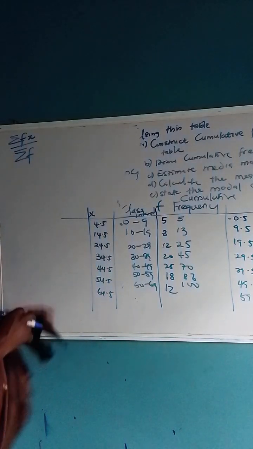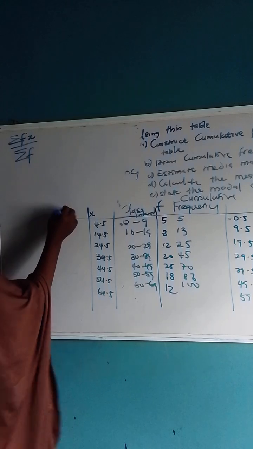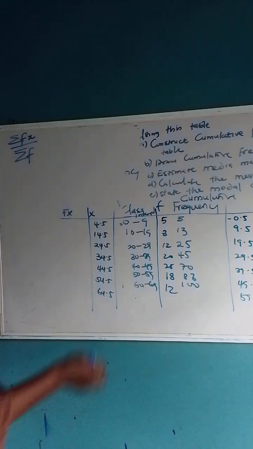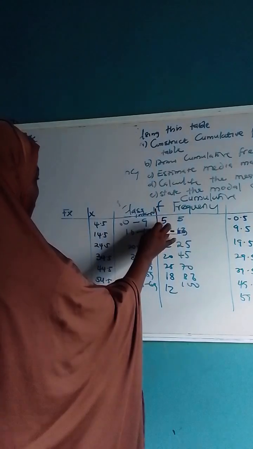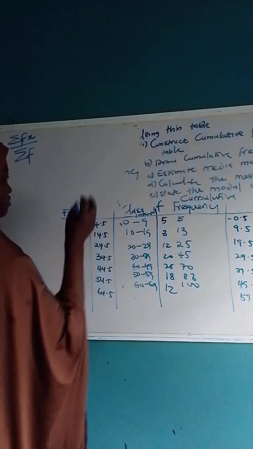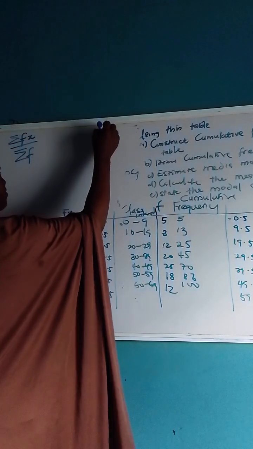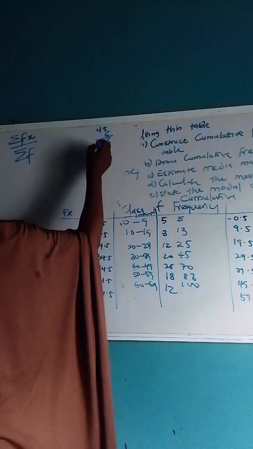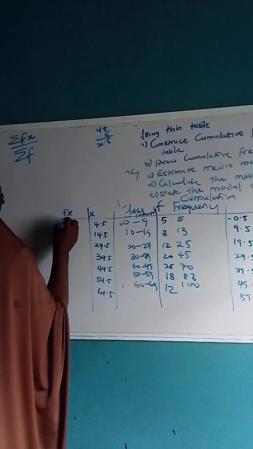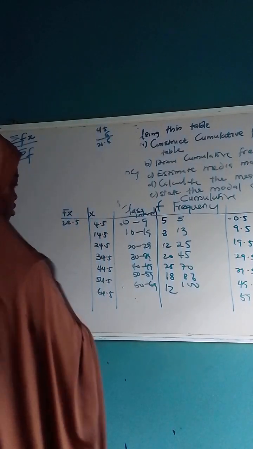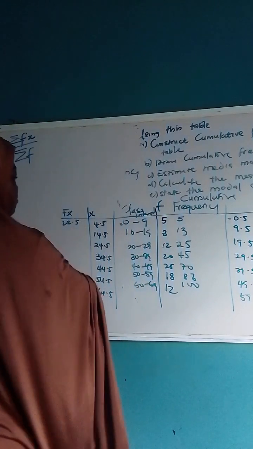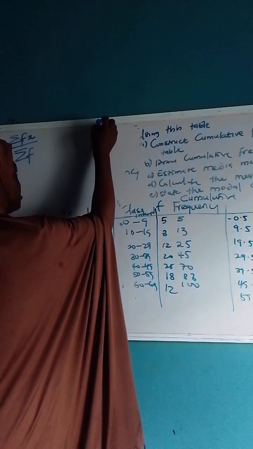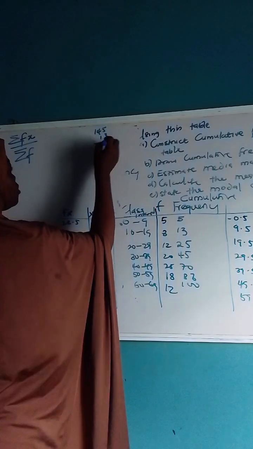So now the next thing that we are going to get is our fx. If you multiply this one by 5, it's going to give us 22.5. Then 14.5 times 13.